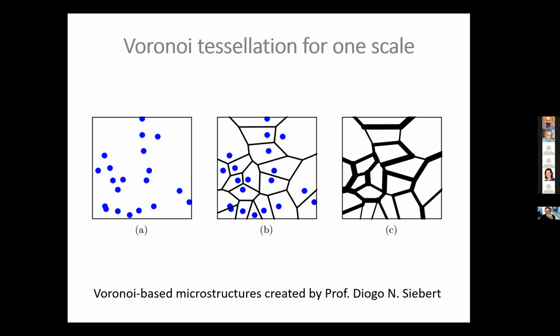Voronoi tessellation is a method based on a set of points randomly distributed on a square domain, and you can create polygons associated to those points. Those polygons can be seen as solid grains in the final structure.